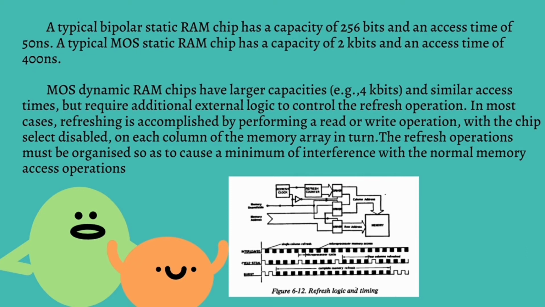In most cases, refreshing is accomplished by performing a read or write operation with the chip select disabled on each column of the memory array in turn. The refresh operations must be organized so as to cause a minimum of interference with the normal memory access operation.